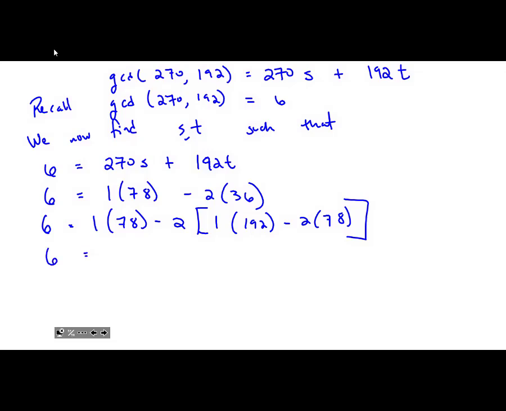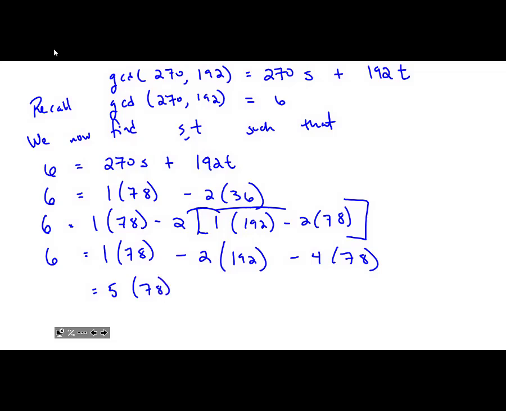Well, if I clean this up a little bit, this is 1 times 78, and I can distribute this minus 2 in, and then write this as minus 2 times 192, and then we would get minus 4 times 78, which then would be 5 times 78 minus 2 times 192.